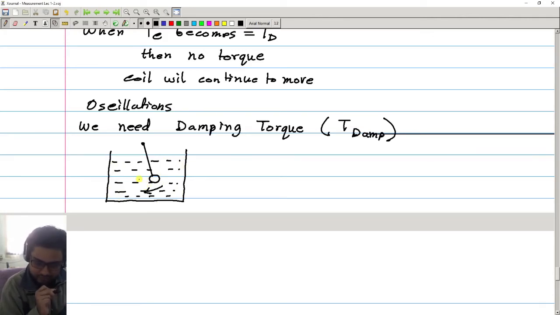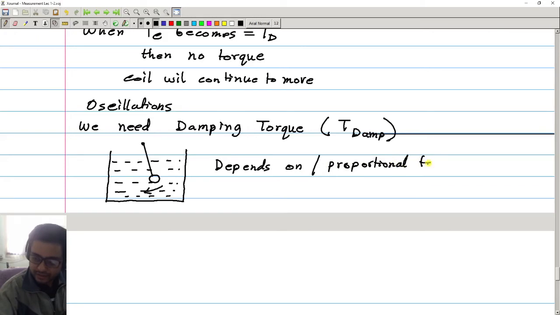Now, in this case, the viscous force or viscous drag, what is the factor it depends on? Do you know? The velocity of the bob. Excellent. So it depends on, and often we say it is proportional to the speed or velocity.